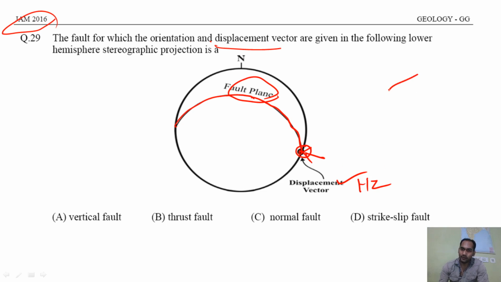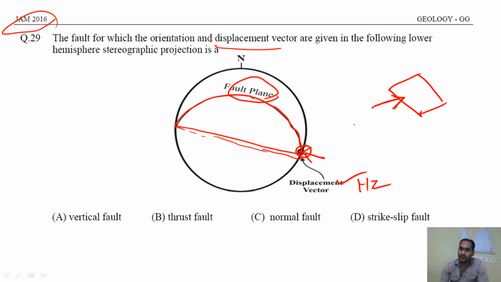So if this is the fault plane, the movement is like this, because it is horizontal. Another way to approach it: this is the strike of the fault plane, so the movement is parallel to the strike of the fault plane.